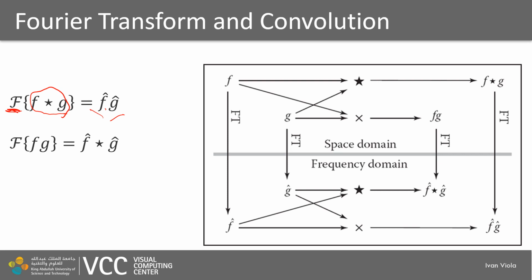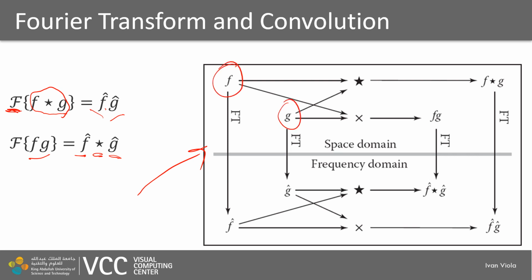And this is symmetric, because if we have a spatial domain multiplication, then it corresponds to a convolution of the two frequency domain representations of the spatial functions. We can see it here on this graph, where we have one function f and one function g.